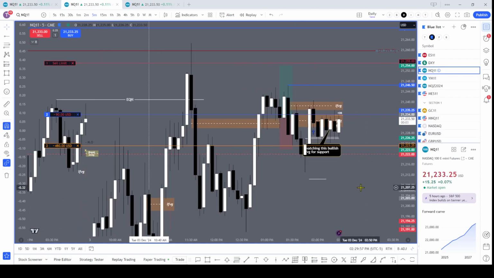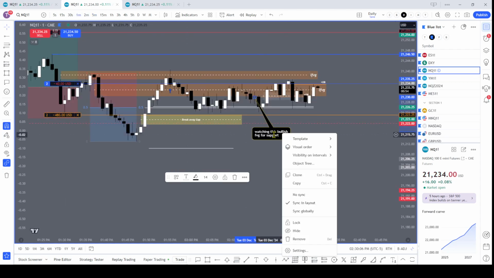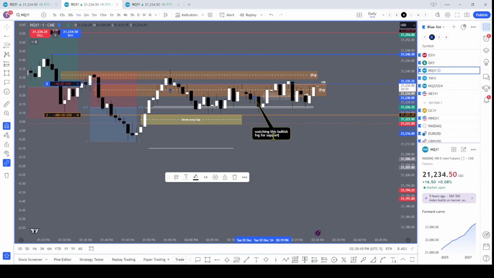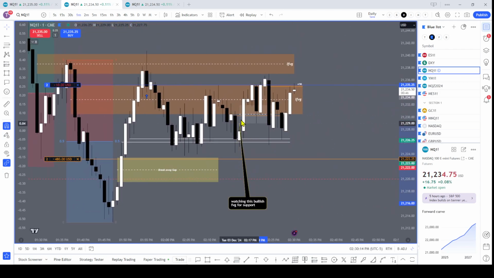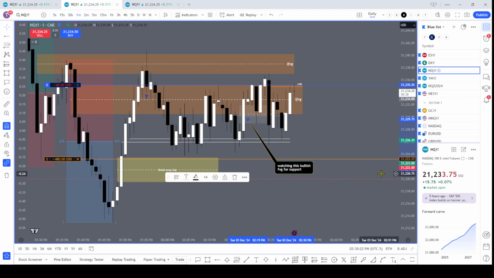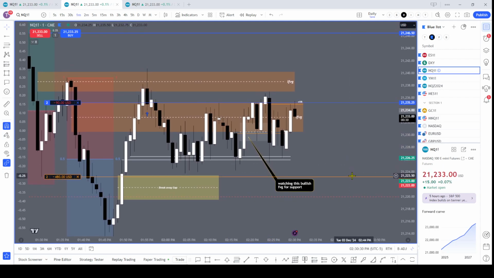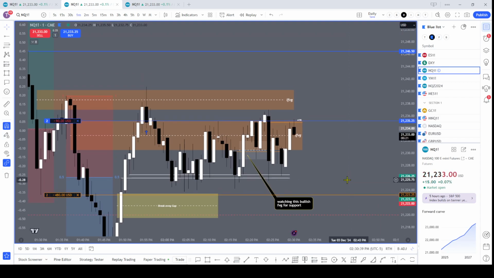It's a 5 minute chart. I could close it here because of what I said, that it's really not likely to do a lot of movement.